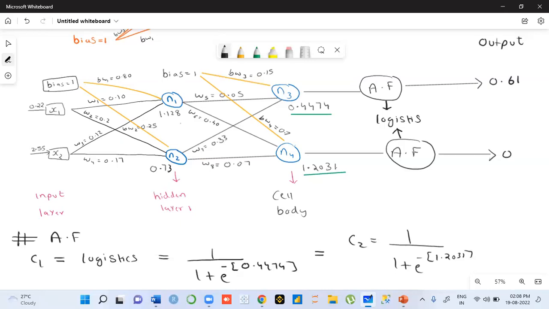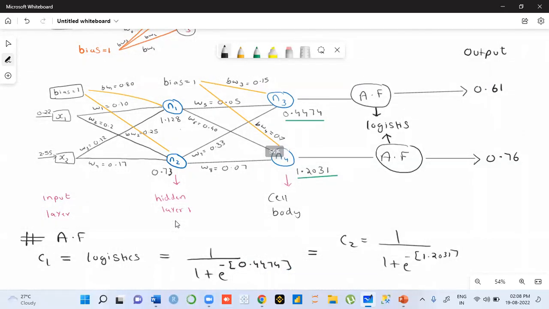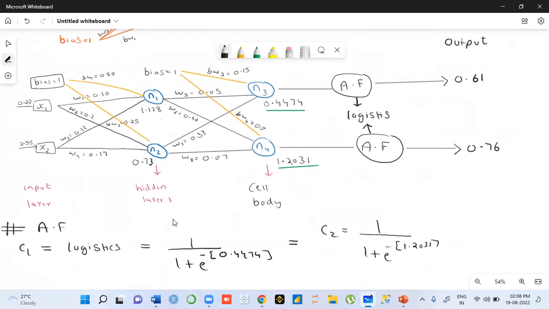Point 76. I'm getting 0.84. You confirm it? Till you clear, guys. This is your output layer.